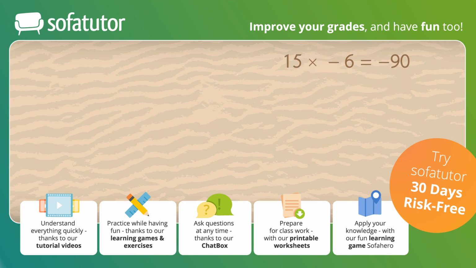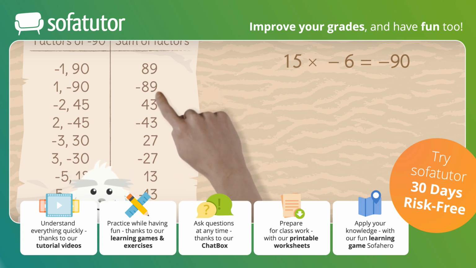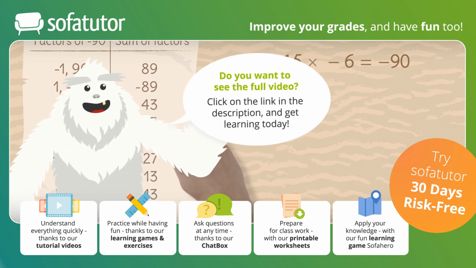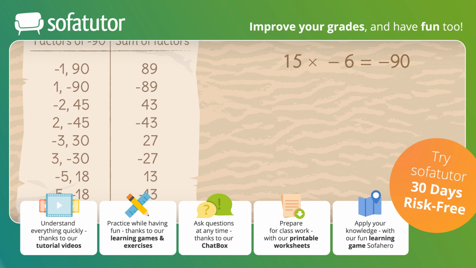Here's a list of all of the factors of negative 90. Let's take a look. Can you find the pair of factors that also sum to 9? That's right. Negative 6 and 15 are factors of negative 90 and sum to 9.